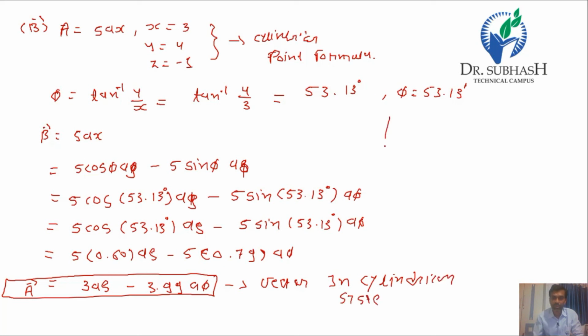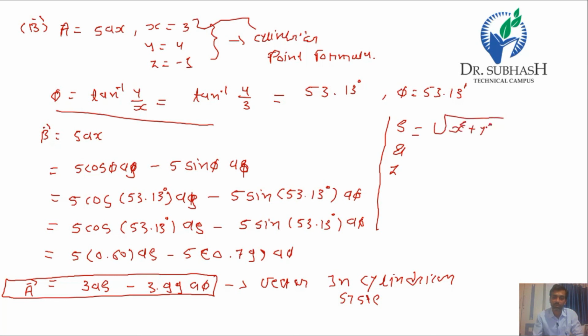Okay, in C, you first transform the point into cylindrical like this. There you require to find both ρ and z. For ρ, you have the formula ρ is equal to the square root of x square plus y square, and z is equal to z.